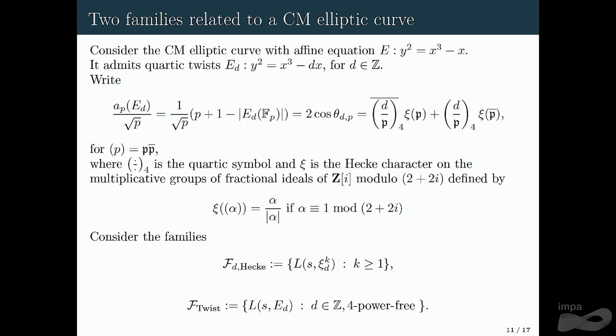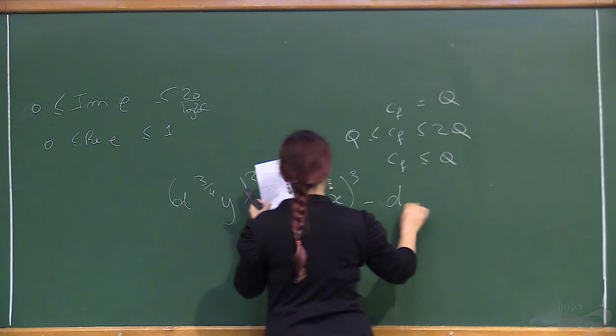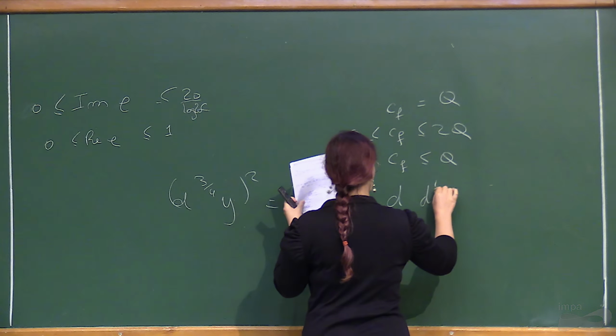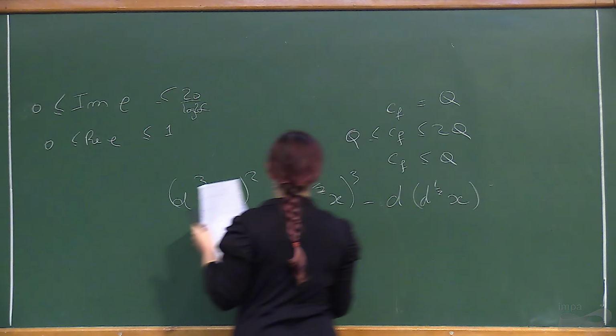Because if I have a quadratic root of d, I can make a change of variable. I can even show you, because I'm very proud I found it. d to the 3/4 y squared is equal to d to the 1 of x cubed minus d times d to the 1 of x.